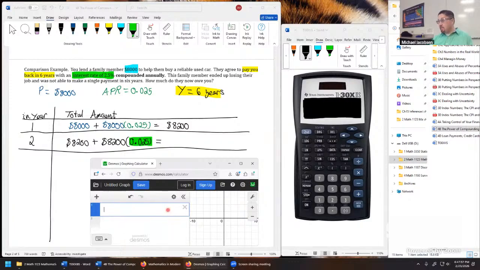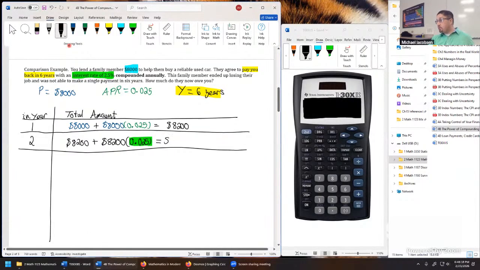We'll go 8,200 plus 8,200 again times 0.025. We get $8,405. So the $5 is the extra amount, the 2.5% on just the $200. So $8,405 altogether on this row. And that takes care of this computation.